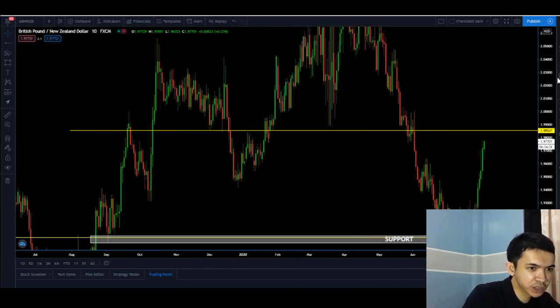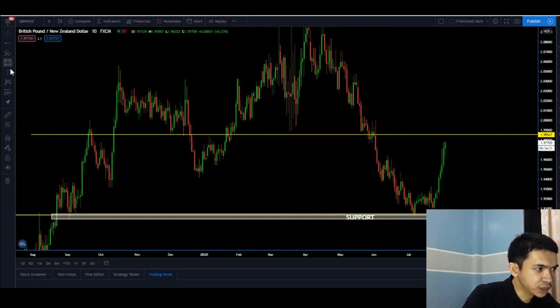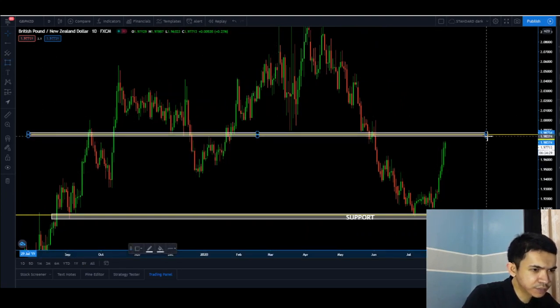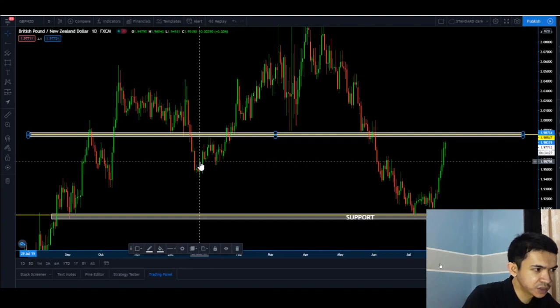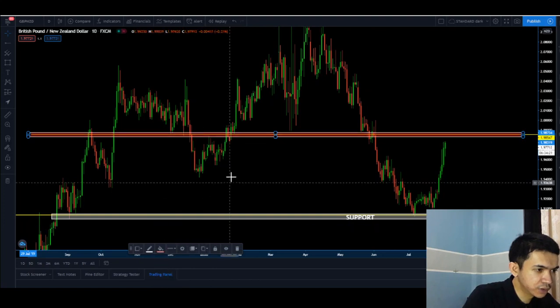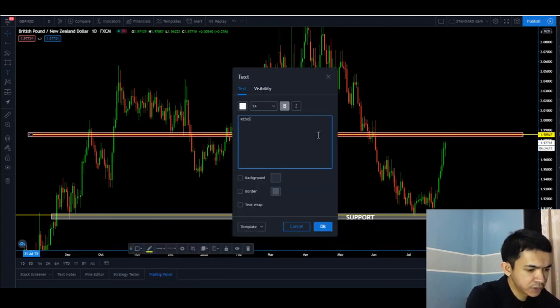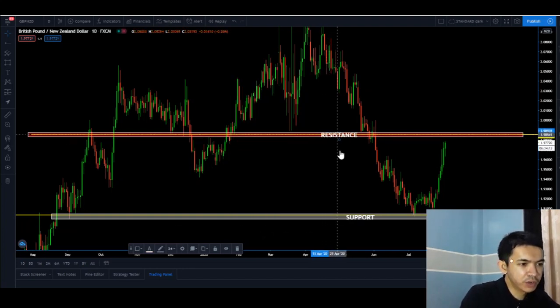Again guys, just check the multiple touches of the price. So this is going to be our key significant resistance. I'm going to change the color. Key significant resistance. Now we have our zones.